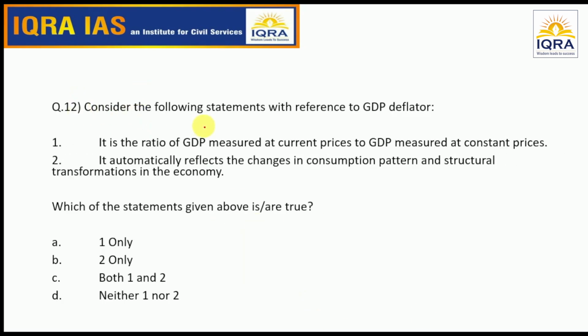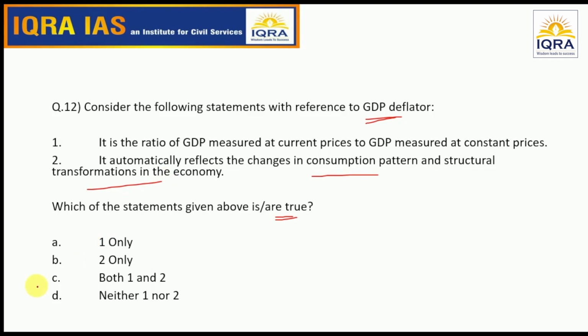Question number 12, and the question is on GDP deflator. First, it is the ratio of GDP measured at current prices to the constant prices. Second, it automatically refers to the changes in consumption pattern and structural transformation in the economy. Which of them is or are true?